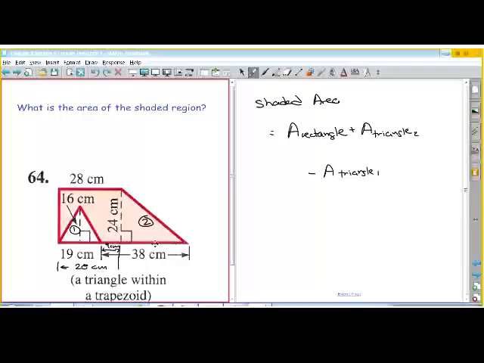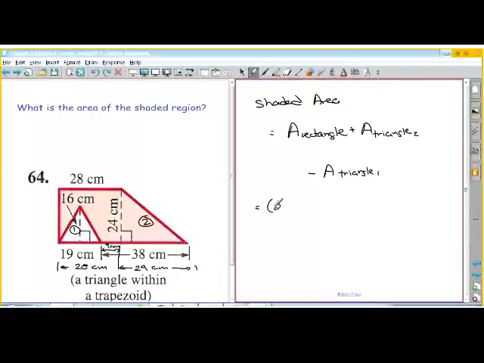And therefore, this base of this triangle here is going to be 38, which is the total distance minus 9. So this distance is equal to 29 centimeters. So I had to use a little bit of math to get the actual base of that triangle.